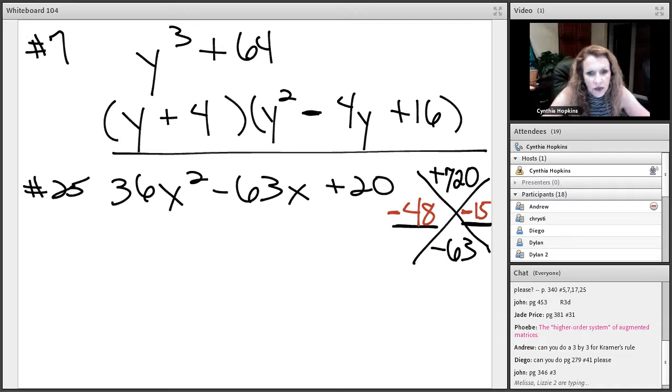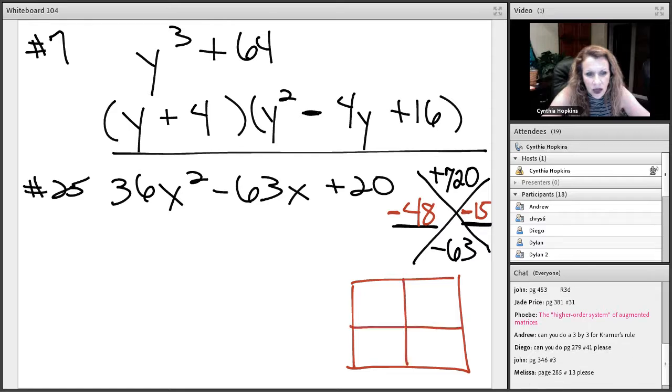I'm going to show you the box again. You put the 36x squared in the top left box, the plus 20 in the bottom right, and then I'm going to put negative 48x here and negative 15x there, and it doesn't matter on those two which way you go. I could have switched those two.